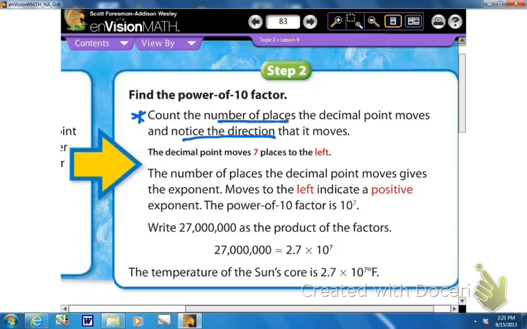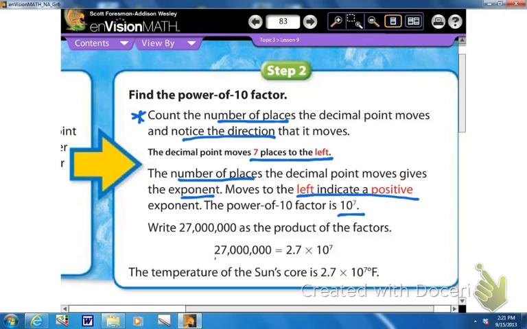All right, so we know that the decimal point moves 7 places to the left, because the number of places the decimal point moves gives the exponent. All right, so the number of places tells you the exponent. Moves to the left indicate a positive exponent. So the power of 10 factor for this scientific notation number is 10 to the 7th.